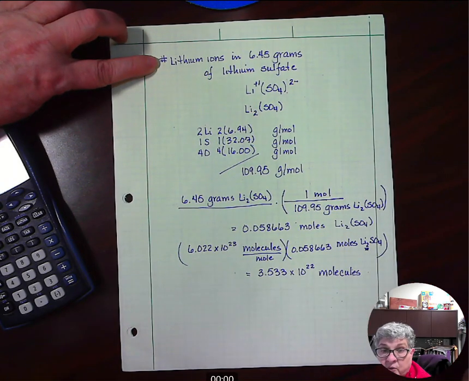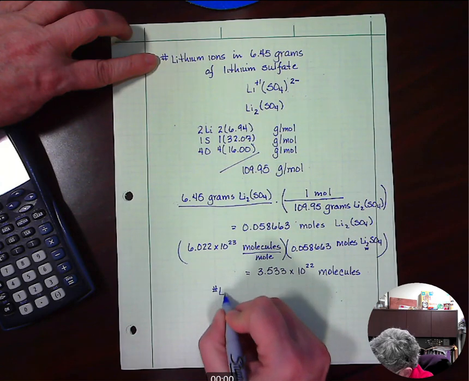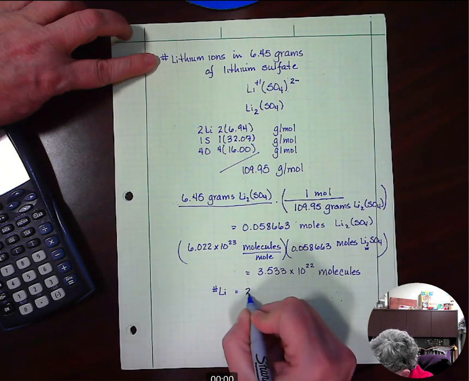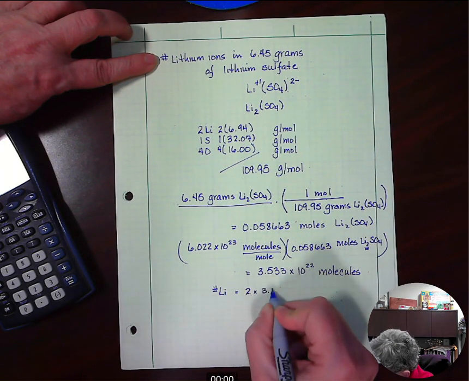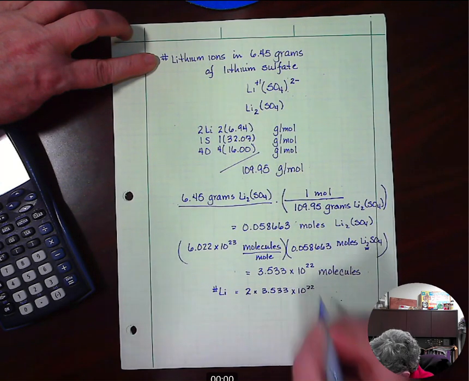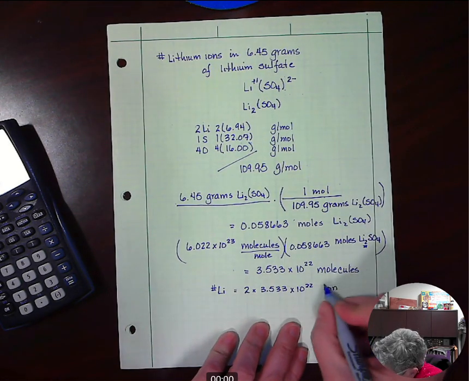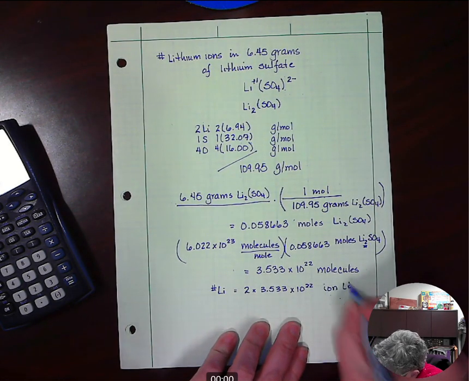There are 2 lithium ions for every molecule. So the number of lithium ions is going to have to equal 2 times my 3.533 times 10 to the 22nd to give me lithium ions.